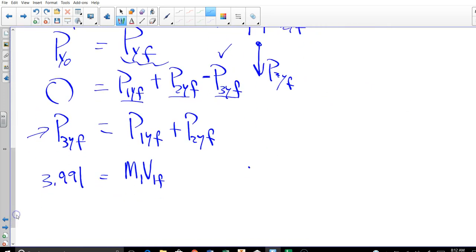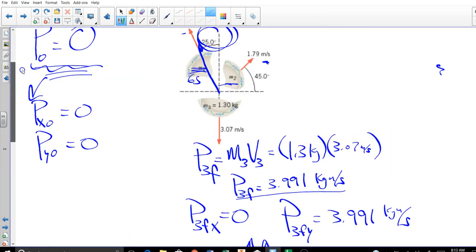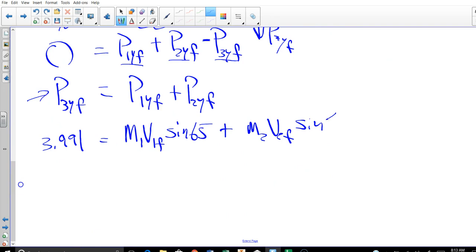That's going to be times the sine of 65, plus M2 V2 final, its momentum, times the sine of 45 degrees. So these two are the y components of those two vectors for 1 and 2.